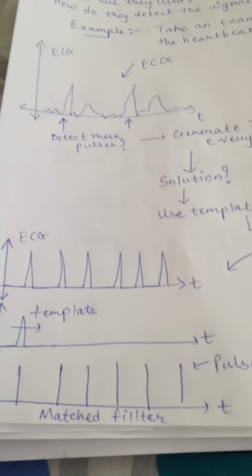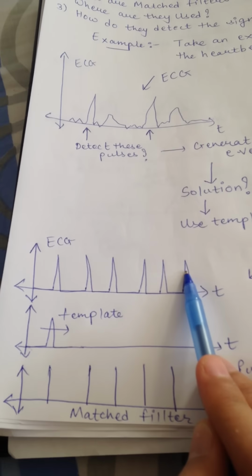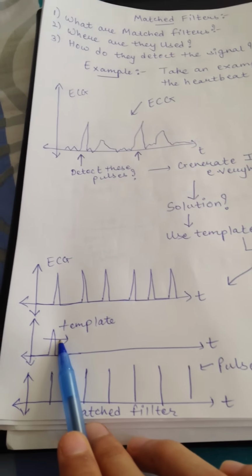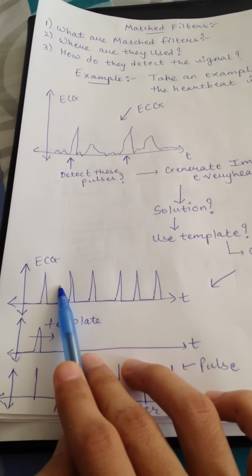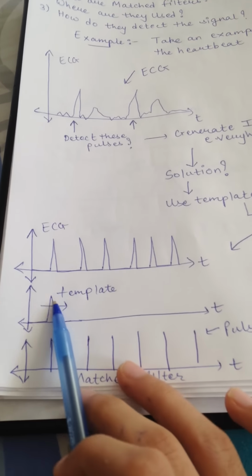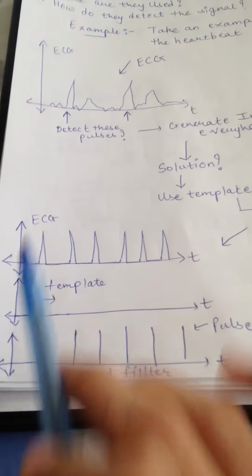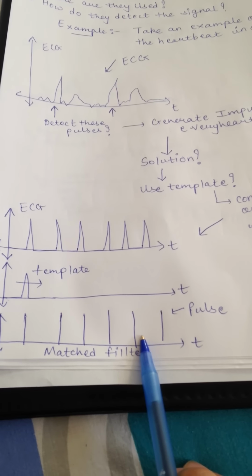Let's explain this with a diagram. This is a random ECG signal, and this is the template. This will be convolved with the ECG signal, and hence we will get the impulses. So this template will pass over an ECG, and hence we will get impulses in the final matched filter output.